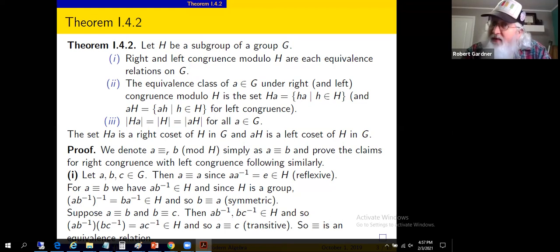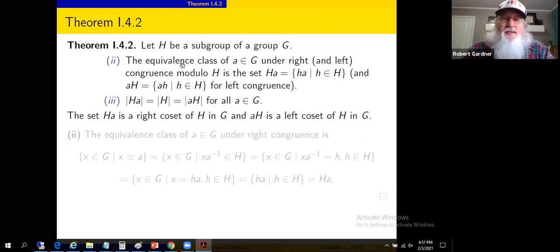By the way, equivalence relations partition up a set, the set on which the equivalence relation is defined, so we're going to get a bit of mileage out of knowing we have an equivalence relation. Secondly, the claim is about the equivalence classes. The equivalence class of a in G under right congruence modulo H is the set H times a.